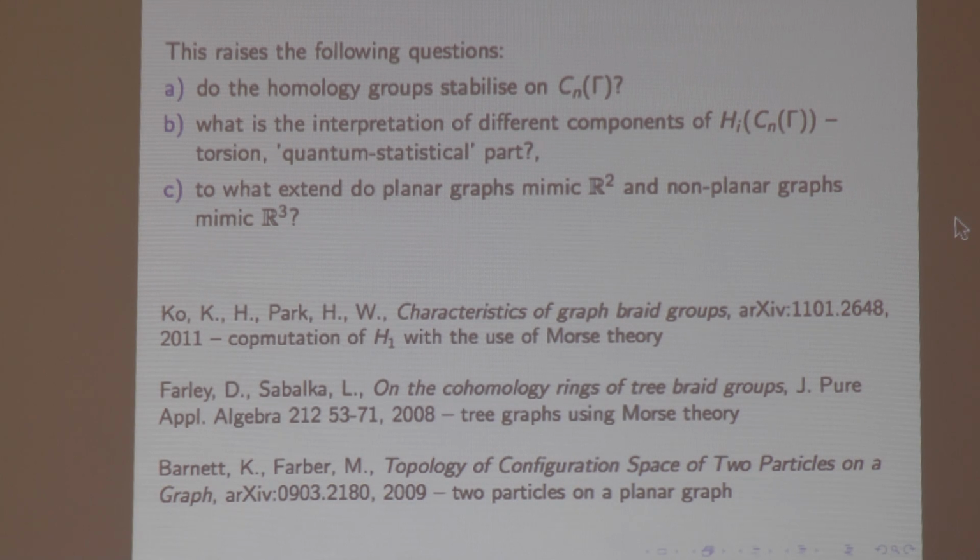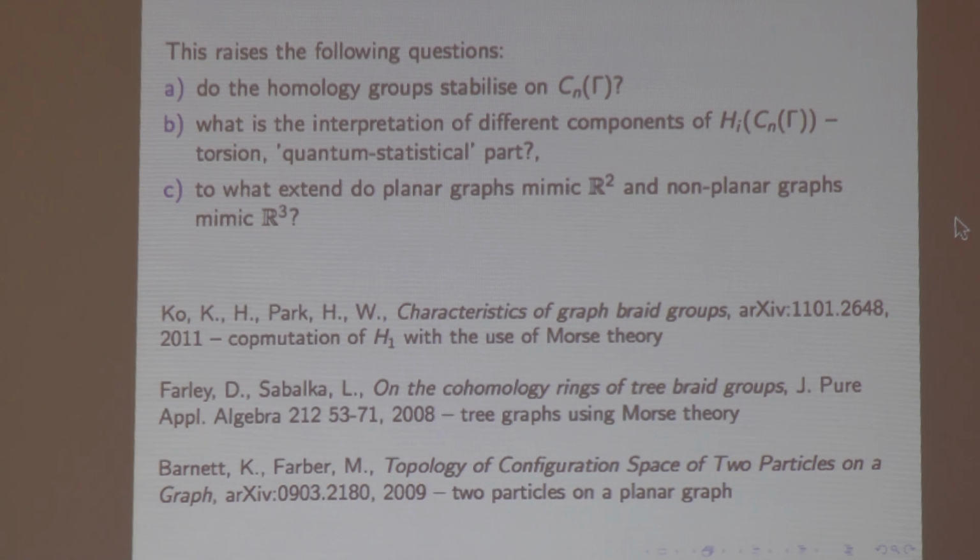They were not known before, and this is a very complicated part of mathematics because people up to this time used Morse theory, which is applicable, but hard to use for a larger number of particles and for higher homology groups.